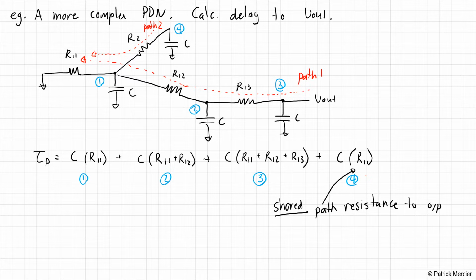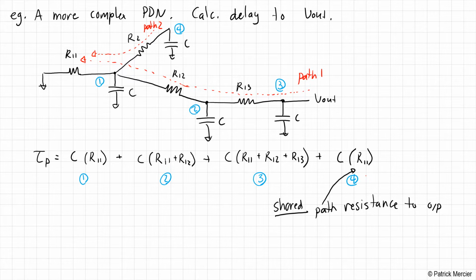So this node 4, certainly it doesn't use R12 or R13. I think that's clear. But the question is, why don't we include R2? And the reason is, let's consider what would happen if C at node 4 was an enormous capacitor, and all the other capacitors were very small. Well, Vout would discharge fairly quickly because all of these other capacitors are fairly small, whereas node 4 would probably take quite a bit longer to discharge itself.